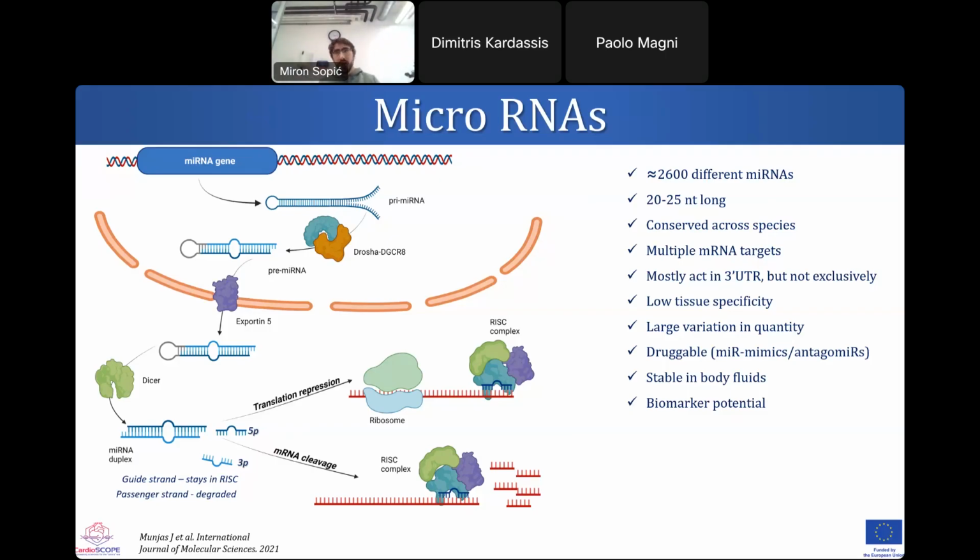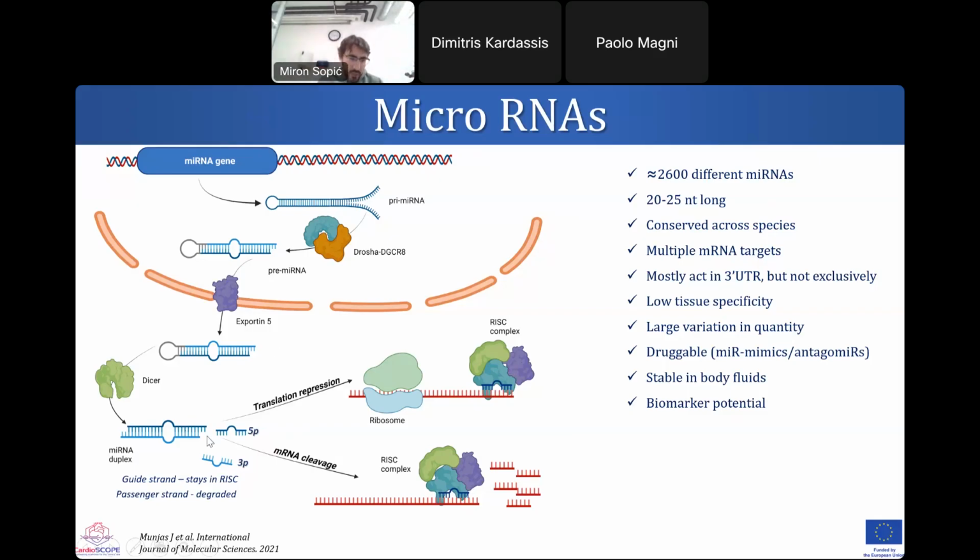However, two scenarios are possible. If there is something like 95% compatibility, then this scenario will happen: cleavage of mRNA and its total destruction. On the other hand, if this compatibility is there, but it's not 95%, it's less, then the first scenario is going to happen.